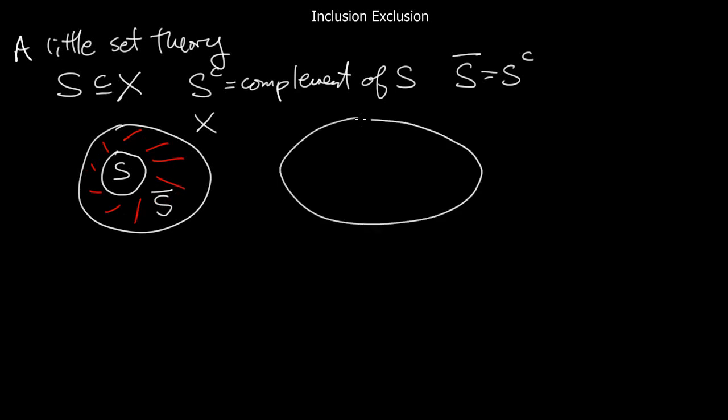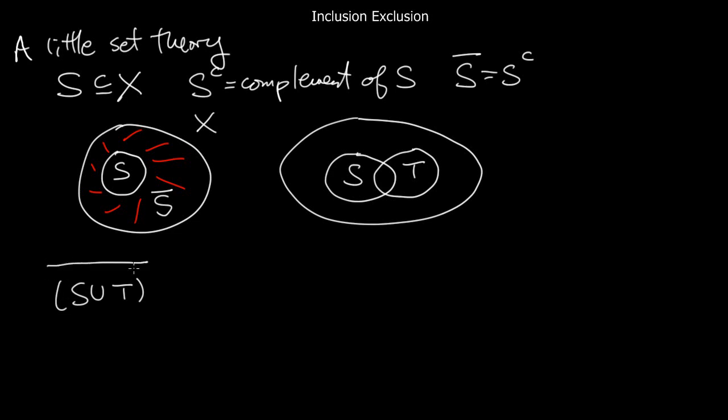And I want to look at what taking the complement does when you have two sets. Suppose we have two sets, S and T, sitting inside X like this. I'm interested in the complement of the union of S and T. If I take S union T complement, what do I get? Well, it's this region out here. And what is it?